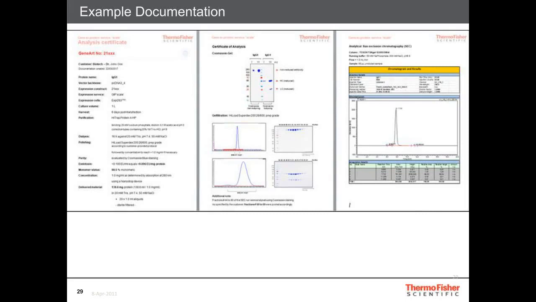Okay, on this slide, very briefly, I just want to give you a snapshot of how a documentation could look like if you order a protein expression service, a protein production service at GeneArt.